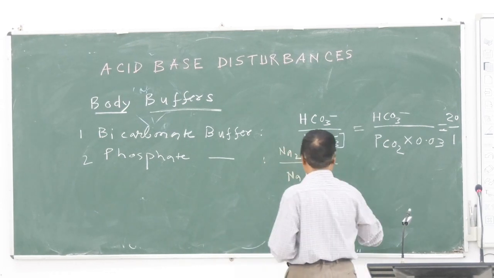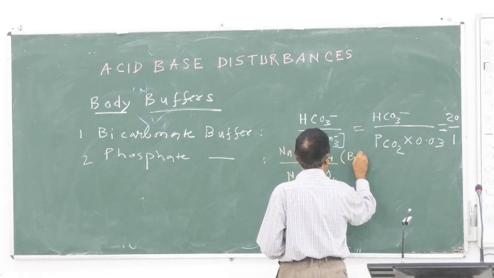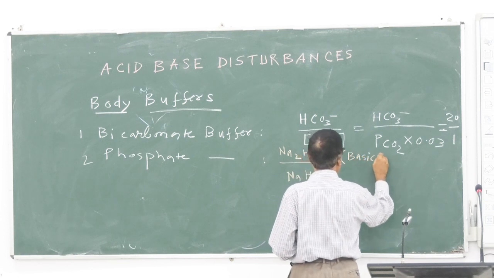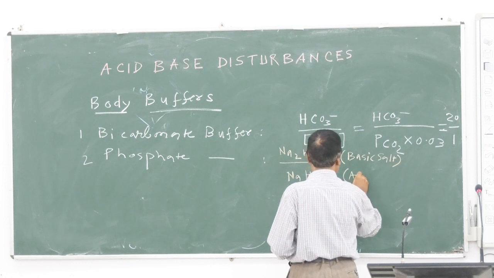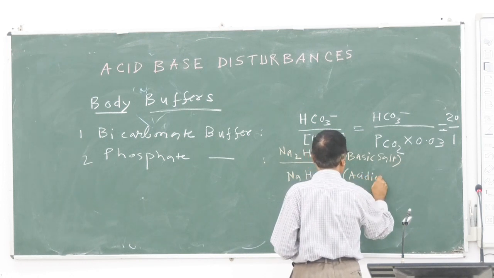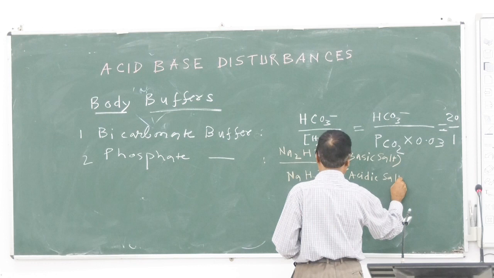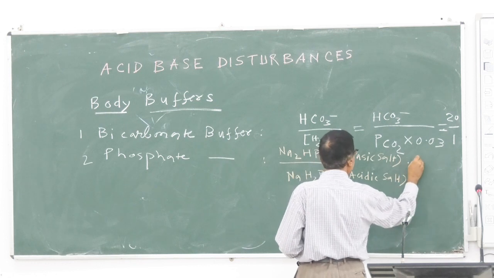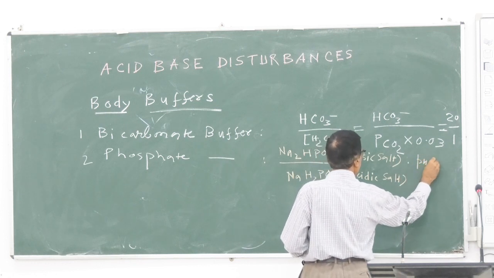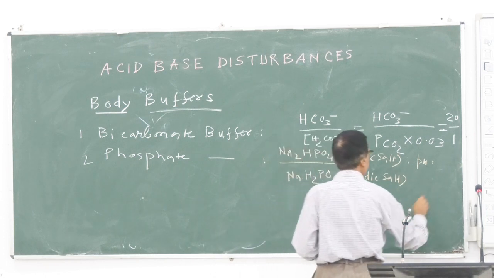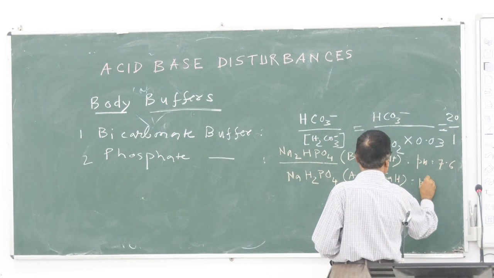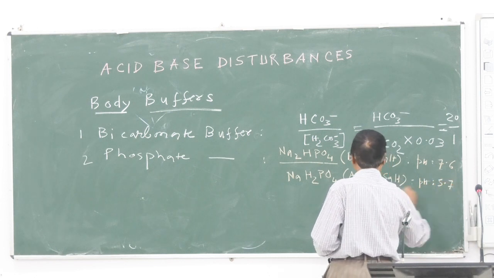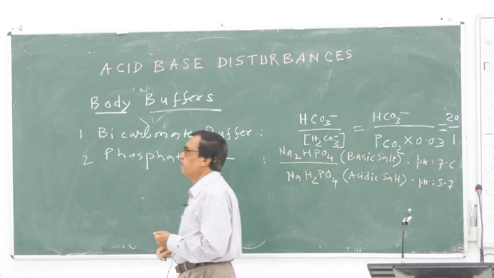This is the basic salt, this is the acidic salt. Its pH is 7.6, and its pH is 5.7. Acidic salt and basic salt.